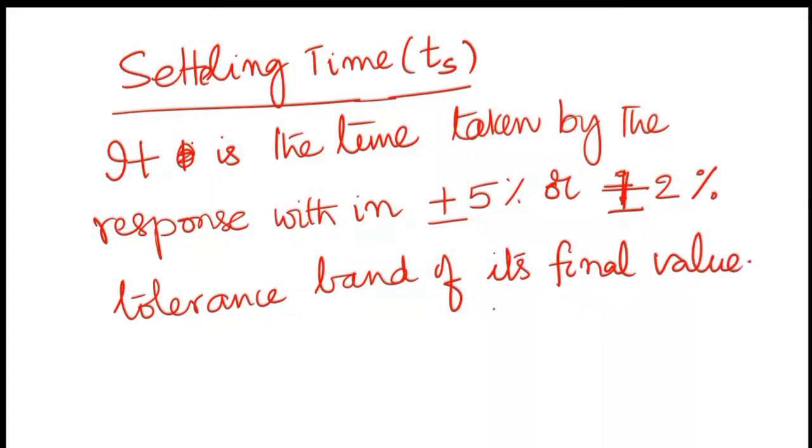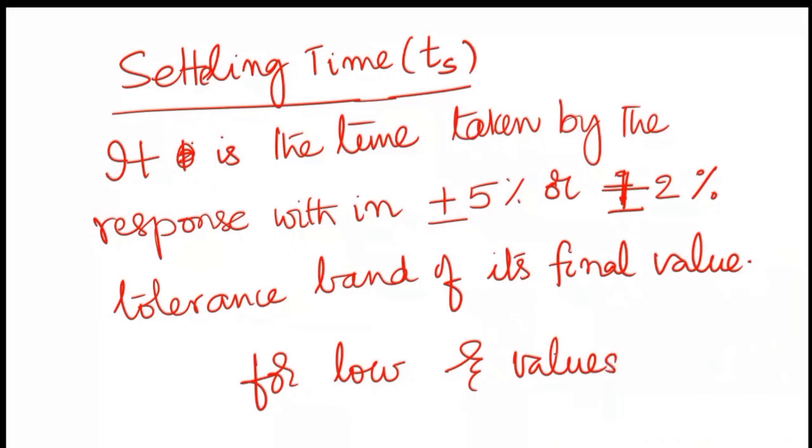Say, what is meant by tolerance band? For low zeta values, the system response is oscillatory and it takes more time to settle down. So in such cases, if we observe the response characteristic, this is the final value where the response is required to settle down as t is tending to infinity.